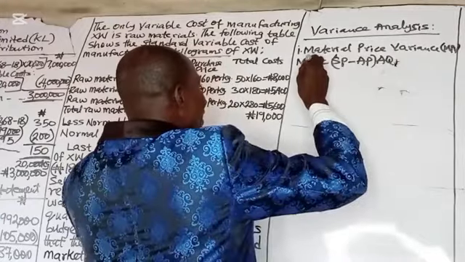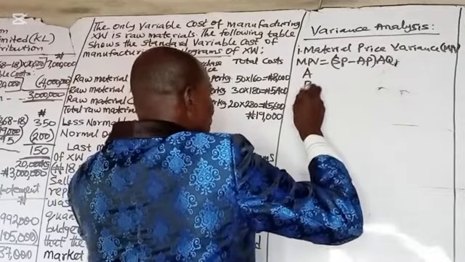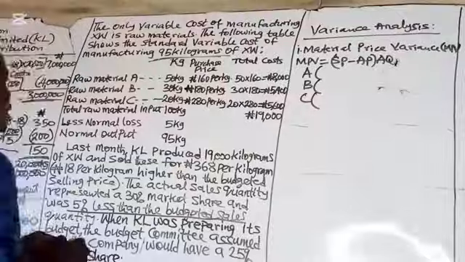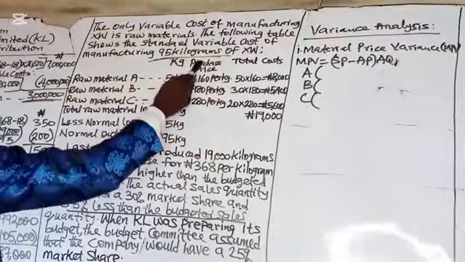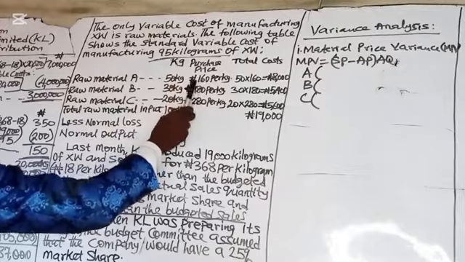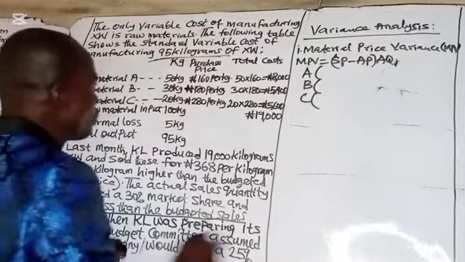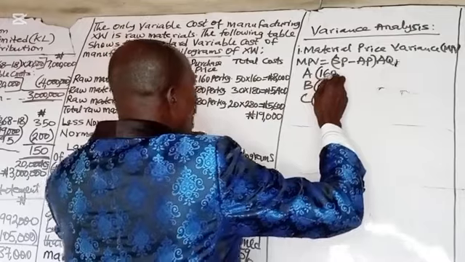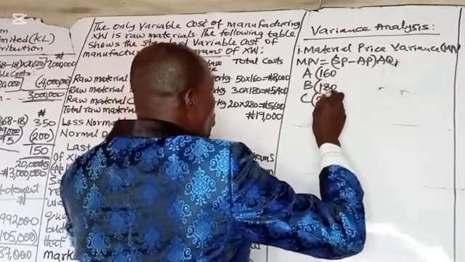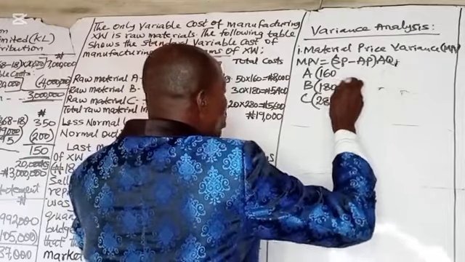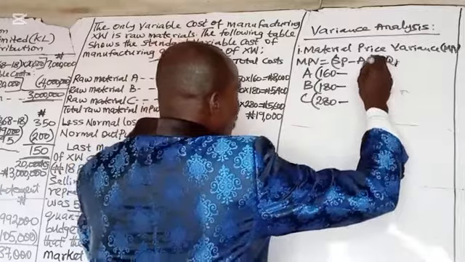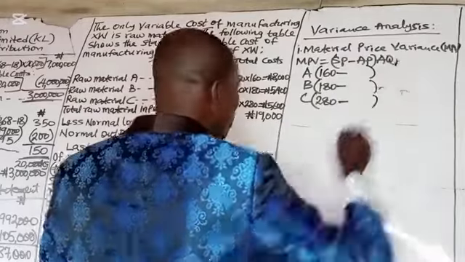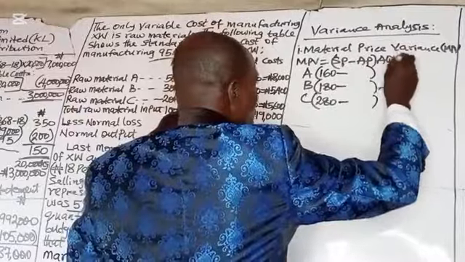You have three classes of materials, A, B, and C. The standard price of A is 160 naira, for B 180, C 280. Minus actual price, then you multiply by the actual quantity purchased.